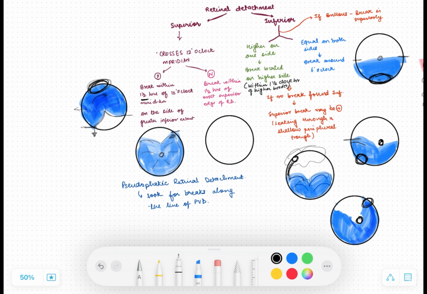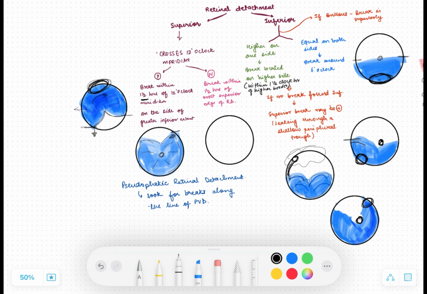If it has crossed over the 12 o'clock meridian, then the position of the break will be around 1.5 clock hours of the 12 o'clock meridian, right? So at the 12 o'clock meridian, 1.5 hours around that is the position of the retinal break if your retinal detachment is superior and is crossing the 12 o'clock meridian.